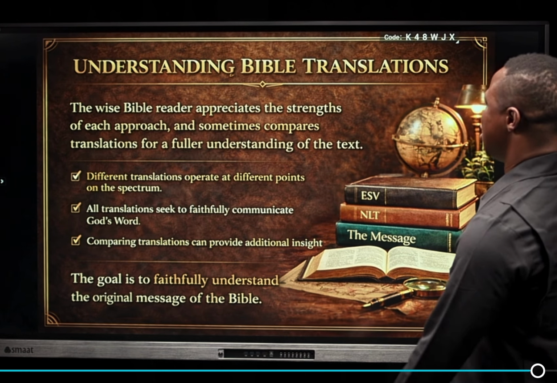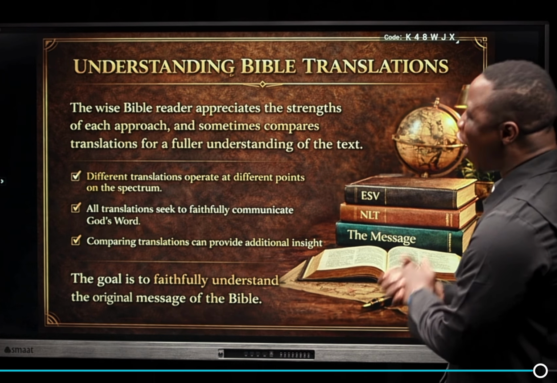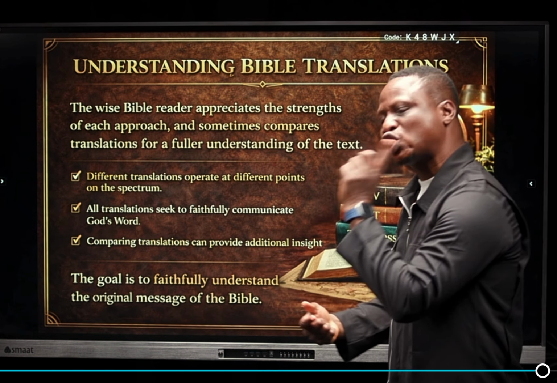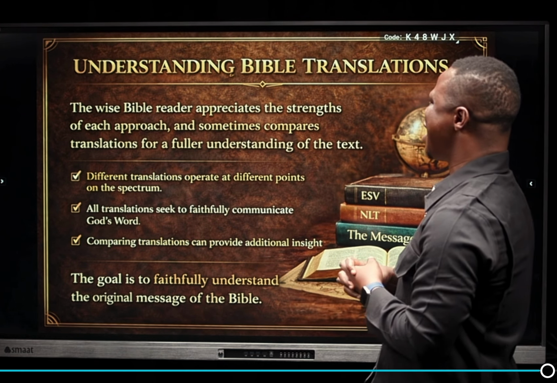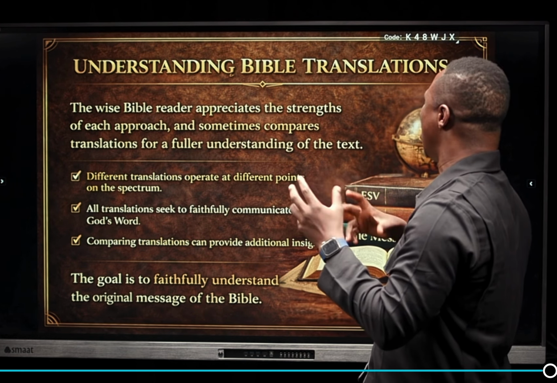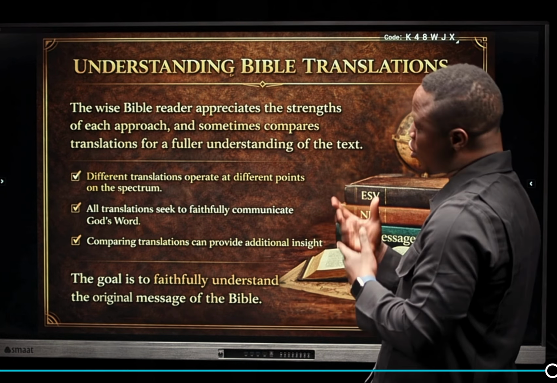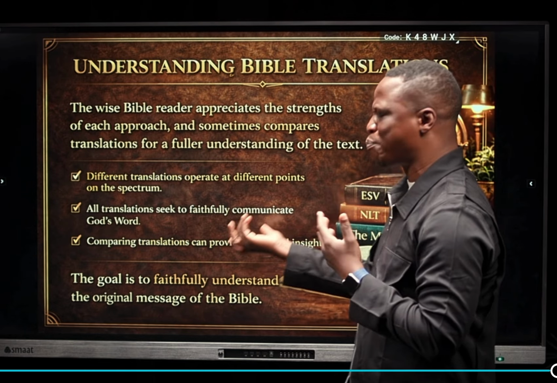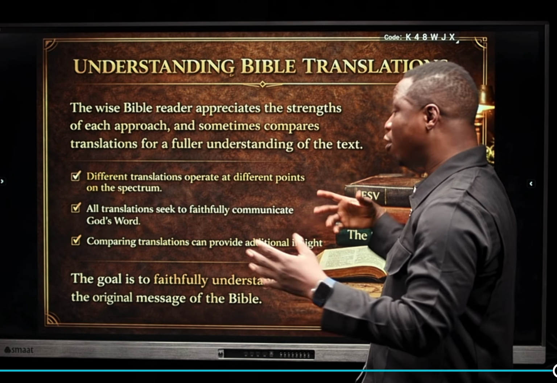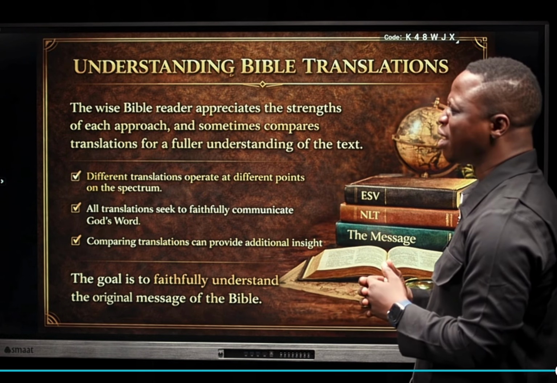Finally, this is it. The wise Bible reader appreciates the strengths of these three approaches and sometimes compares translations for fuller understanding of the text. So you want to compare. Different translations operate at different points of the spectrum, and all translations seek to faithfully communicate God's word.